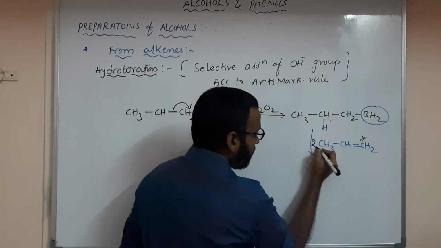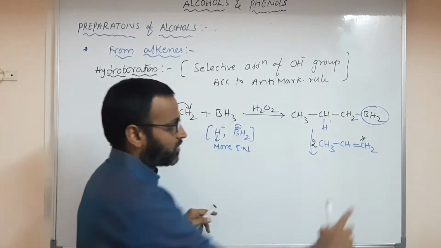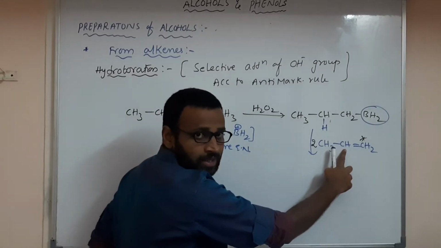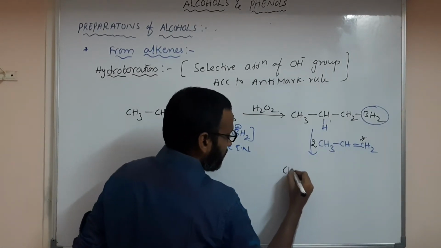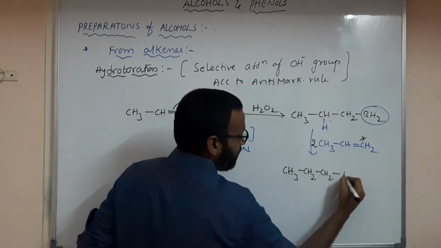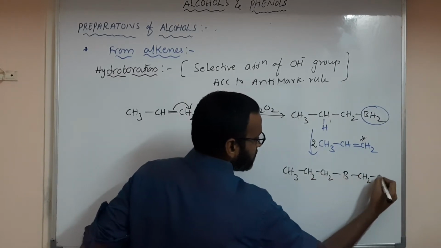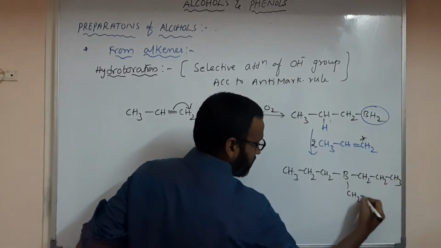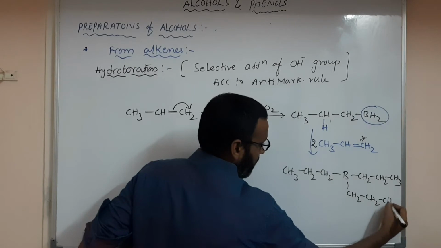So I have to take 2 moles, because two hydrides as H minus can shift at this particular carbon. Then what you have is CH3, CH2, CH2 and B, CH2, CH2, CH3 and CH2, CH2, CH3.